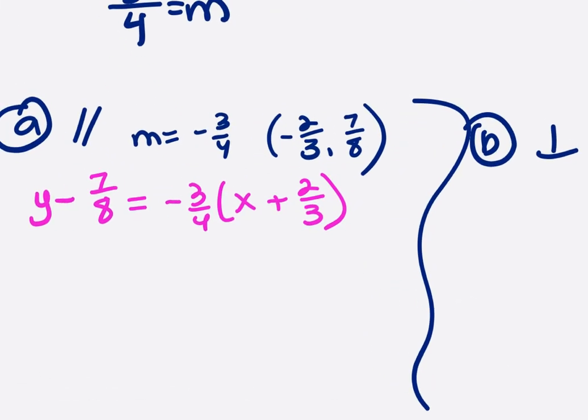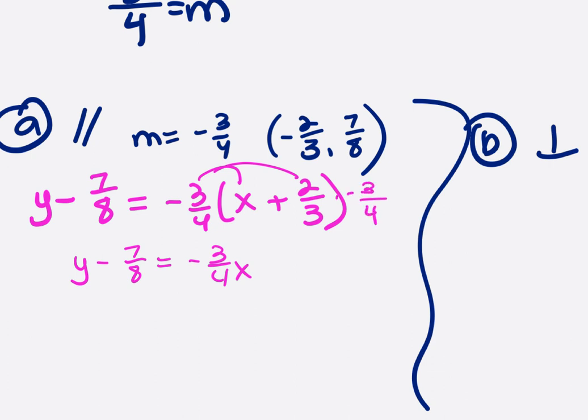Okay, so now I'm going to distribute the negative 3/4. So y minus 7/8 equals negative 3/4 x. Negative 3/4 times 2/3. I can simplify the 2 into the 4 twice, and the 3's actually cancel. So I'd get positive 1/2. No, negative 1/2. Sorry, that's a negative times a positive.